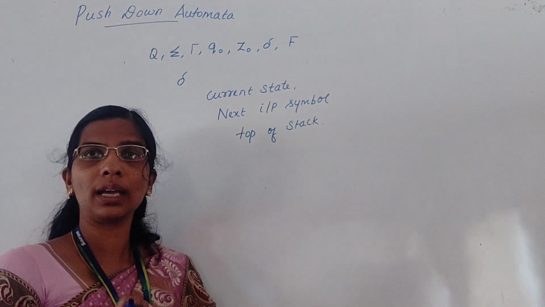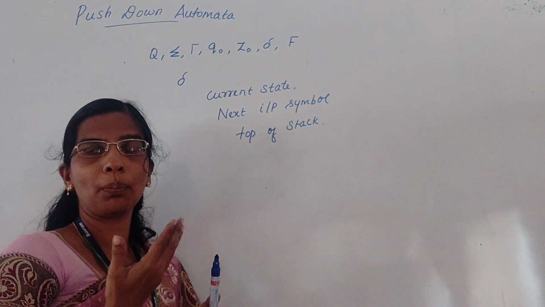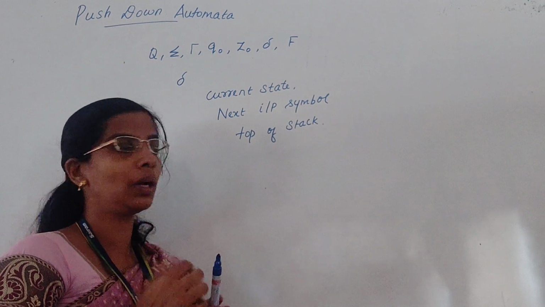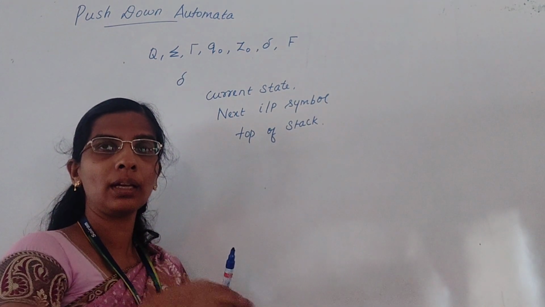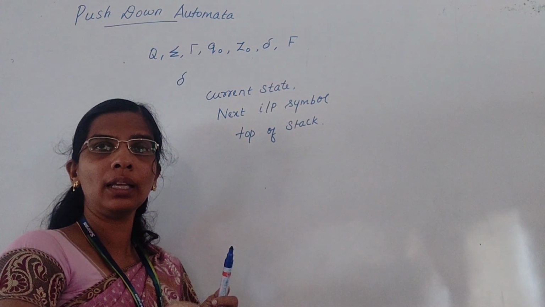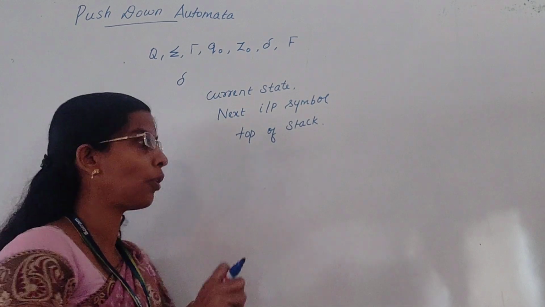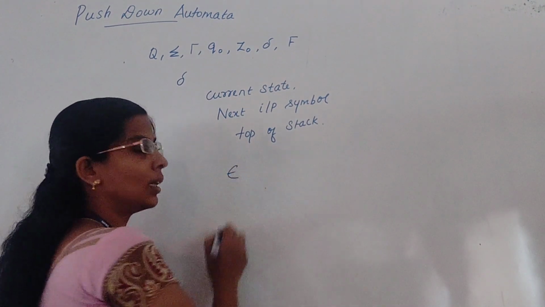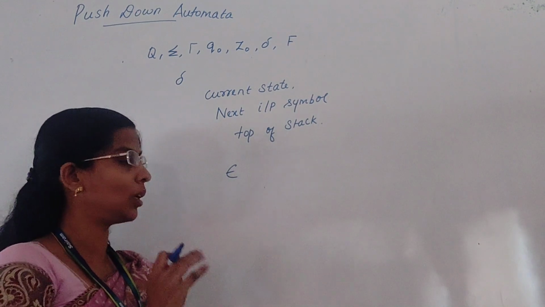In a stack I have two operations, push and pop. Push means I am pushing the input symbol into my stack, and pop means I am taking the input symbols out of the stack. The notation for pop is epsilon.